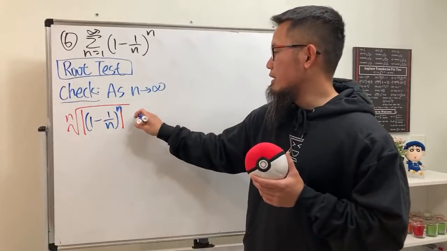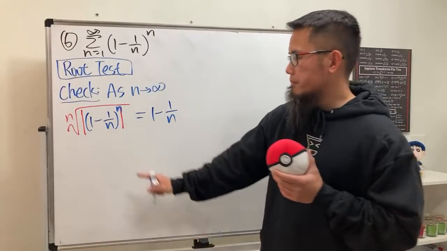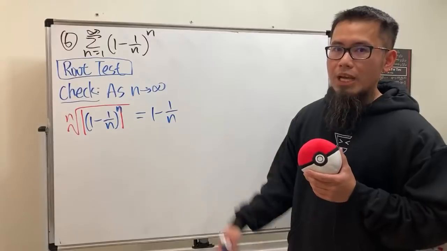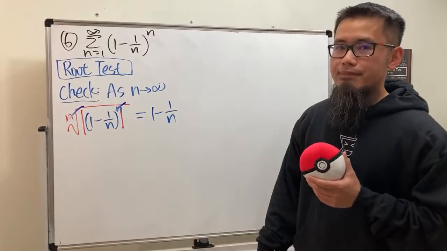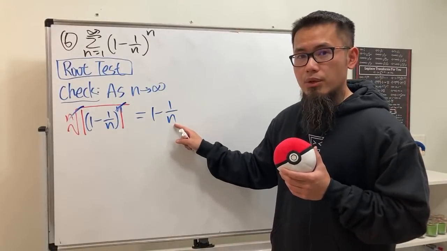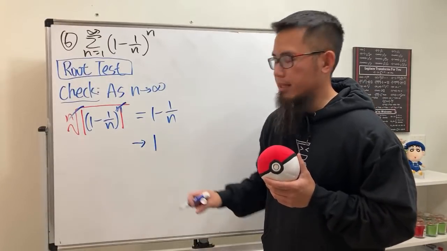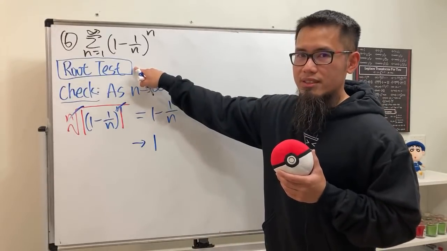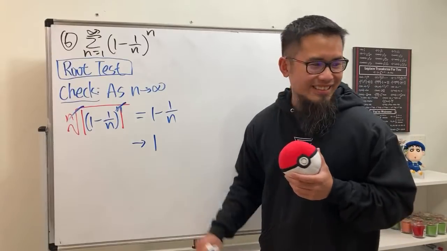This and that cancel really nicely, so we just have 1 minus 1 over n, and everything inside is positive, so we don't need the absolute value anymore. As n goes to infinity, 1 over infinity is 0, and 1 minus 0 is 1. So this goes to 1. Uh-oh. We are trying to do the root test, and we end up with 1. Does this 1 do us any good? Let me know.